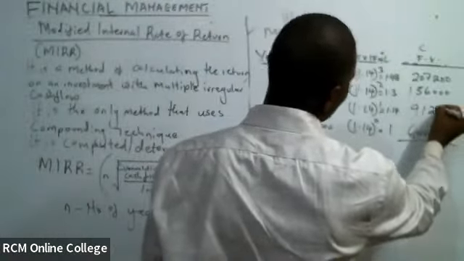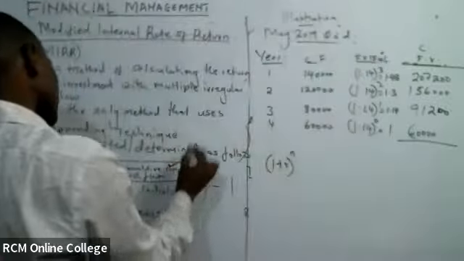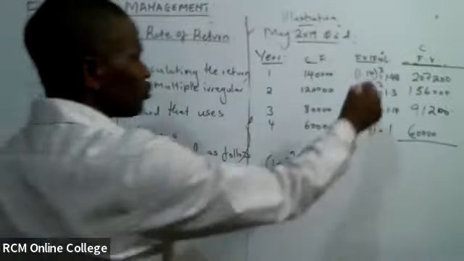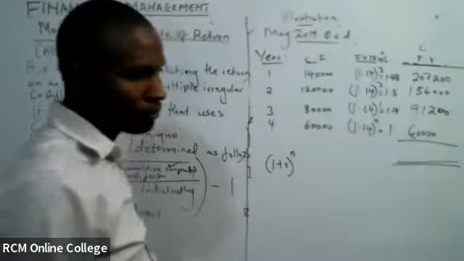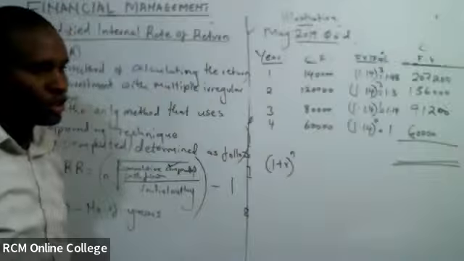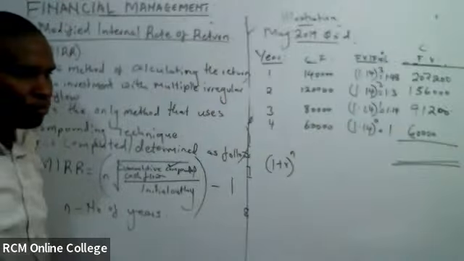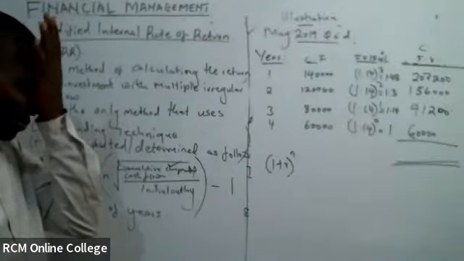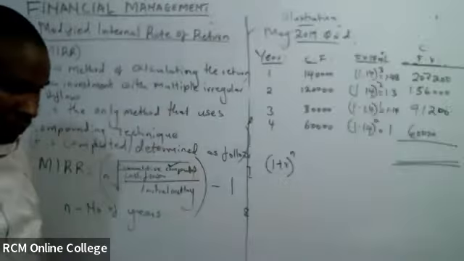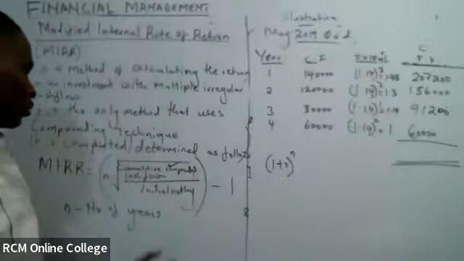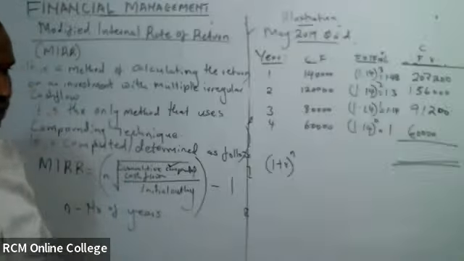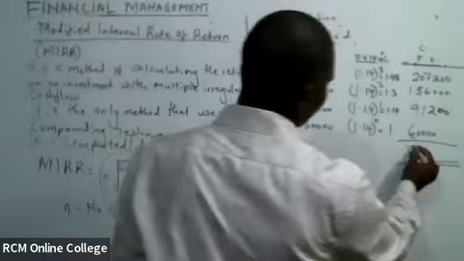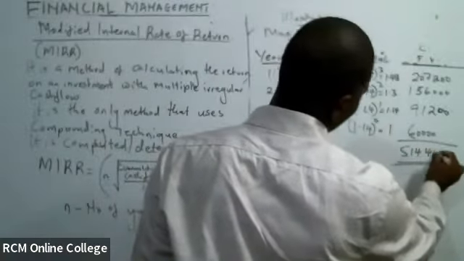91,200. Now we want to get our cumulative compounded cash flow. You add all of these. Add all of these. What is the cumulative compounded cash flow? Add all of them. Total. All of them. Now we come to play with our roots. 514,400.